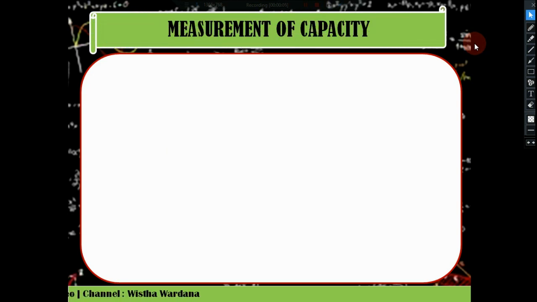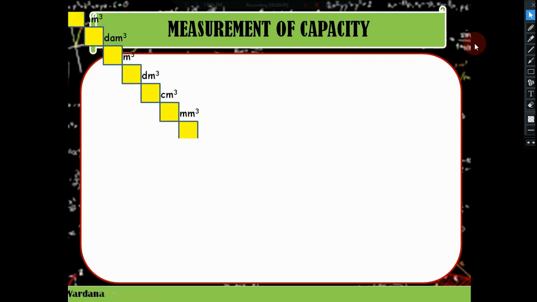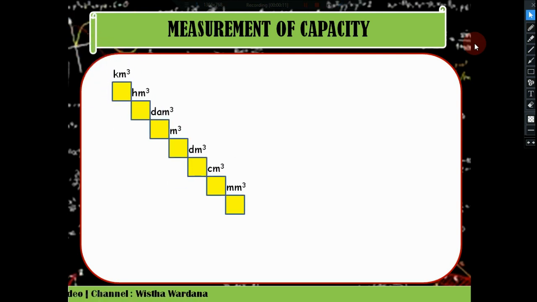The last one is measurement of capacity. So the measurement of capacity is like this. It looks the same as measurement of length and measurement of the area, but the difference between them is about their degree. If you talk about measurement of capacity, the degree in every measurement is 3.